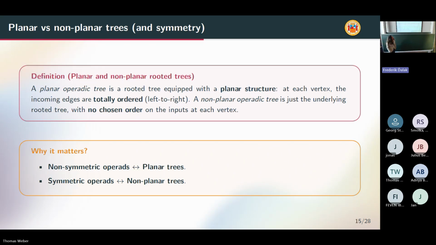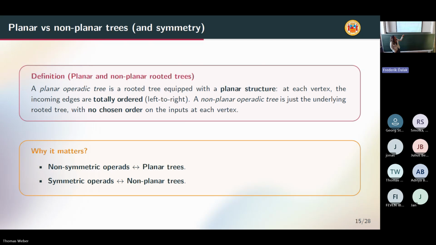Okay, so finally, let me stress the difference between planar and non-planar trees. A planar tree is a tree which possesses a total order on the leaves, and it can be thought of like a bidimensional tree, because if you have a bidimensional tree on the paper or on the blackboard, you have an order, the obvious one, the one from left to right, and you cannot change this order.